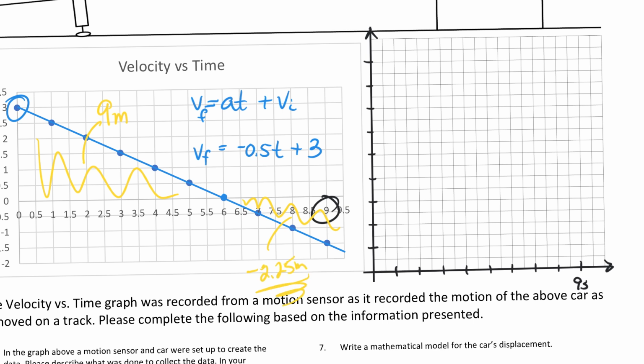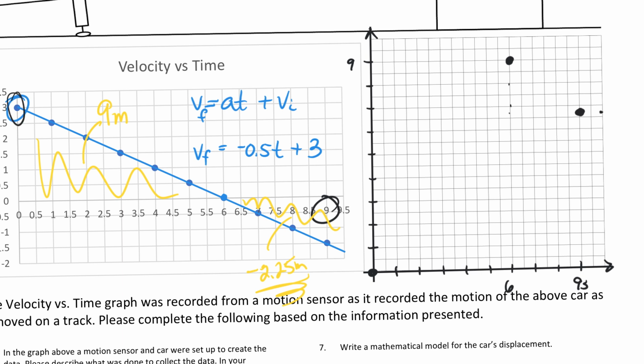And those are the two areas. So if the object started from the origin, after 6 seconds the object will be 9 meters away from the origin. And then we'll come back 2¼ meters, so that's 6¾ meters by the time we make it to the 9-second mark.